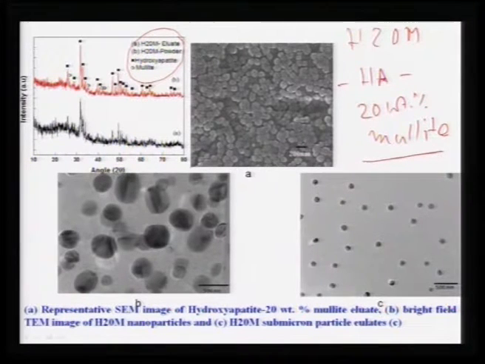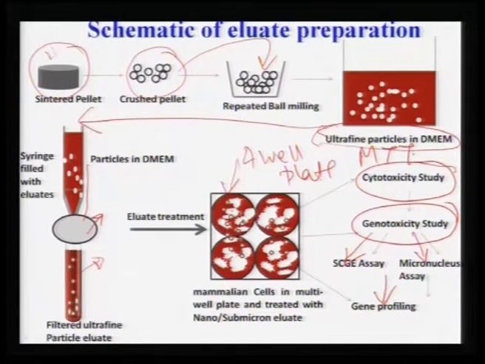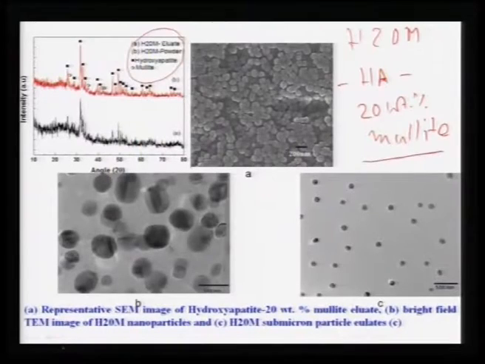Now, once we make this, you have to start with that HA20 mullite. Okay. This is the sintered pellet. Now, from this sintered pellet you crush it, you put it in ball milling, and then you filter it, and then you make that ultrafine particle loaded DMEM solution, and this loaded solution is then treating the human fetal osteoblast cells.